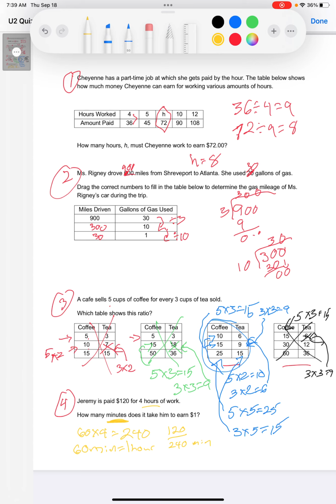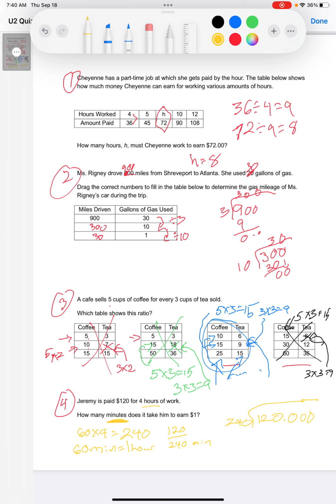Well, so in 1 minute, we simplify this. I'm going to do some erasing real quick so that I have room. So 240 doesn't go into this, but it does go into 1,200.